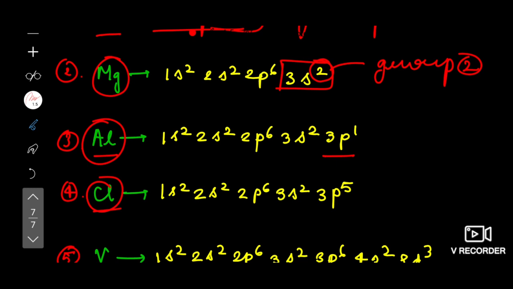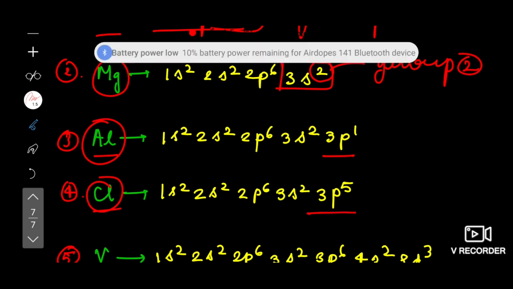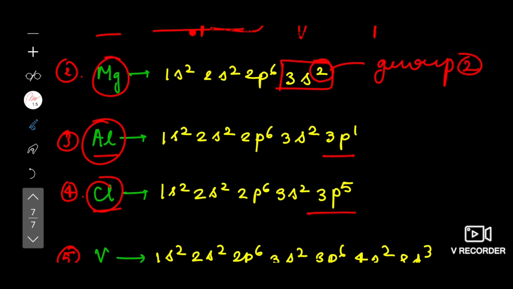Similarly, in chlorine, the last electron has entered into the P subshell. Then this is a P block element. This is the valence shell, and the total number of electrons in the valence shell is 3. These are P block.